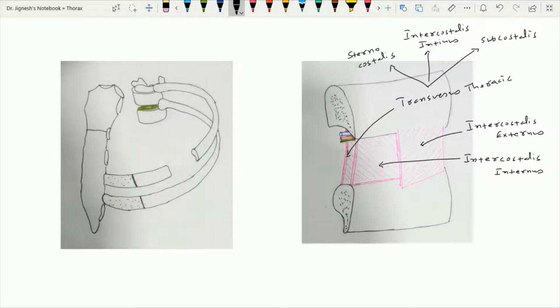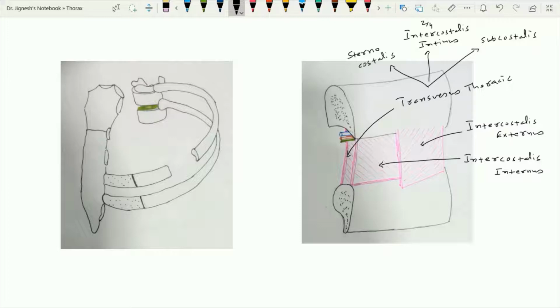The neurovascular bundle is present between the second and the third layer of muscles, so between the intercostalis internus and the transversus thoracis, mainly in the middle two-fourths, that is the intercostalis intimus.